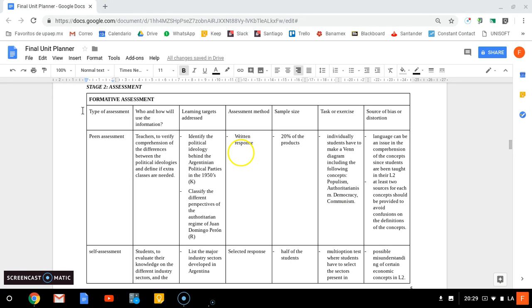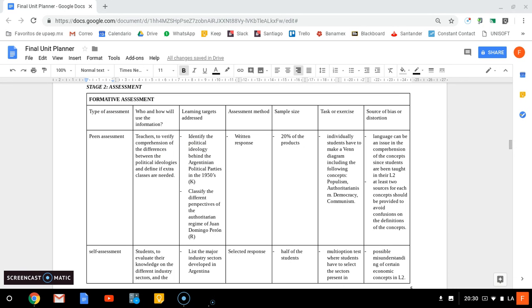This is a blueprint that I am asking you guys to follow, because it is important to have the plan, the route that you are following to deliver the content and to develop the targets in your students. The first step is to understand the type of assessment that you are using. In this case, for example, of course, you have to differentiate between a formative assessment and summative assessment.